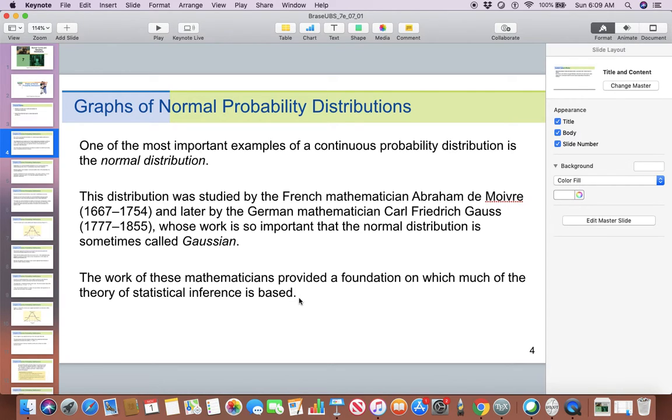The work of these mathematicians provided a foundation on which most of the theory of statistical inference is based.